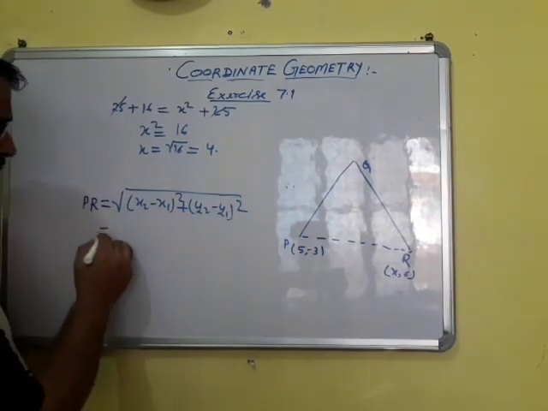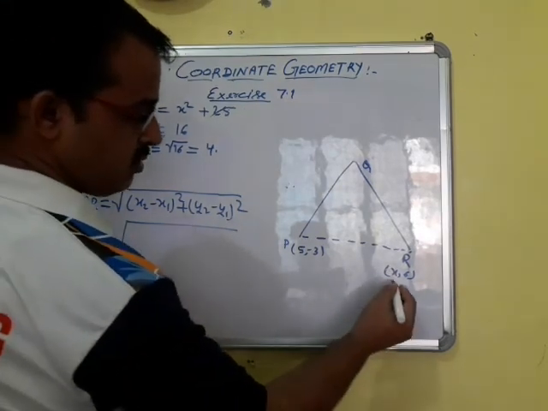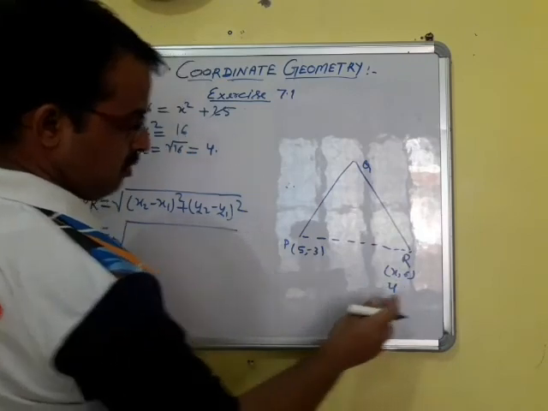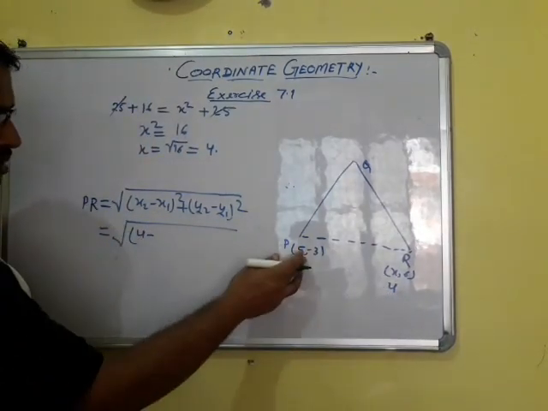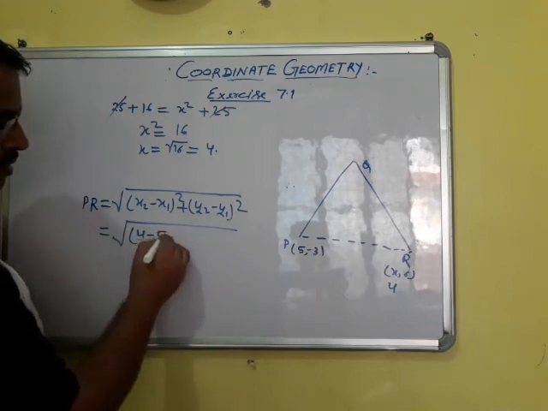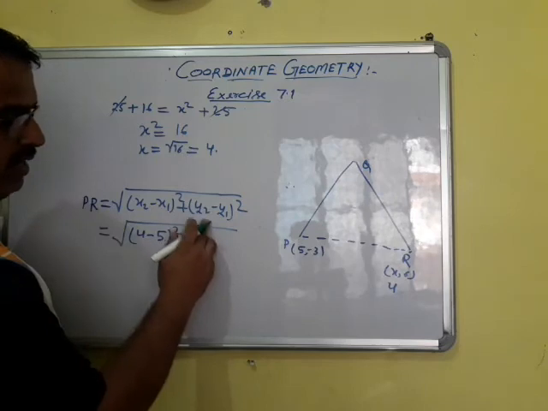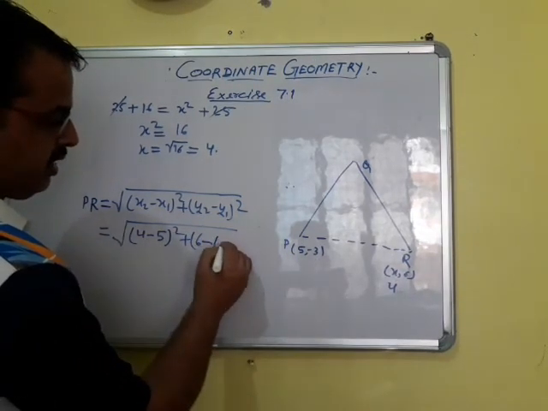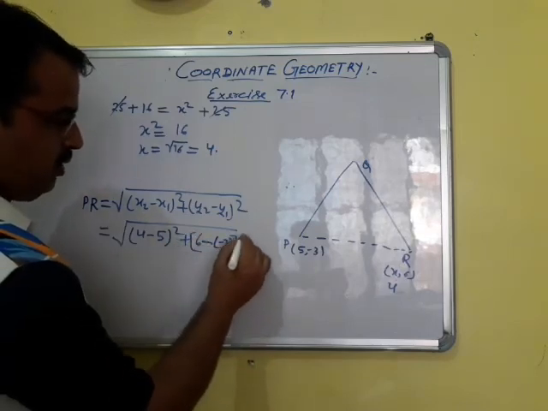Now x, whose value we found, is 4. So x2 is 4 and x1 is minus 5, whole square, plus y2 is 6 and y1 is minus 3, whole square.